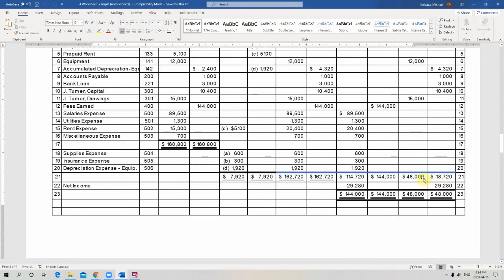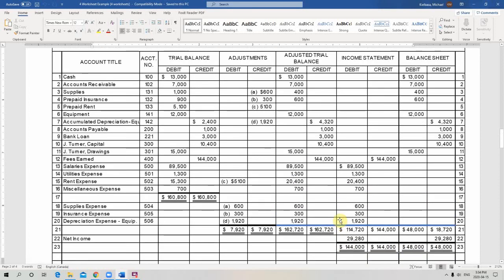They're not supposed to. When we add the difference between these two numbers, it should be the same as this difference. So we add it to the smaller amount, and then all of a sudden our last line now balances again. And folks, that is how we complete a worksheet.